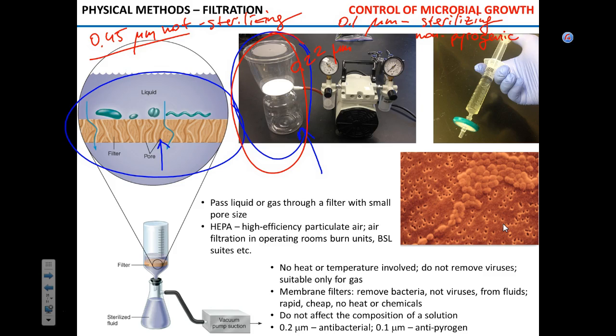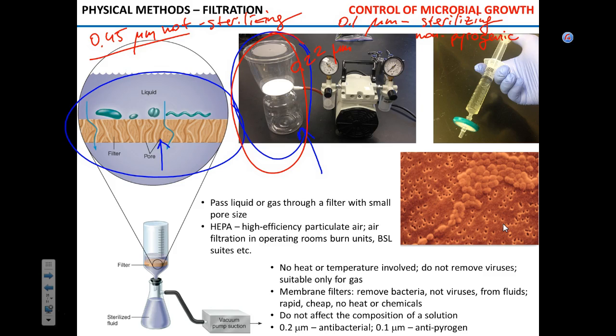You're thinking in the right direction, but in relation to humans, pyrogenic. If the solution is pyrogenic, the drug is pyrogenic, the compound is pyrogenic, what does it cause in humans? Fever. Yes. So non-pyrogenic do not cause fever. Does that make sense?